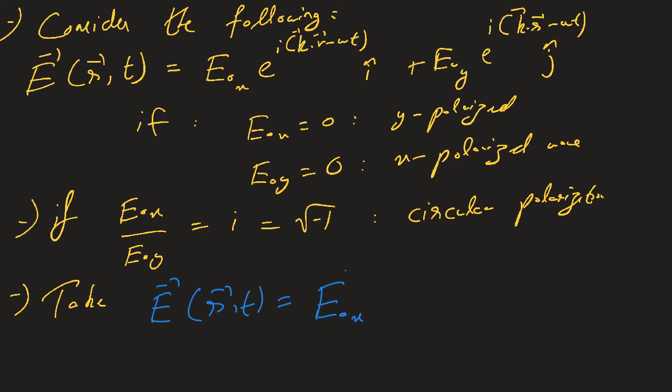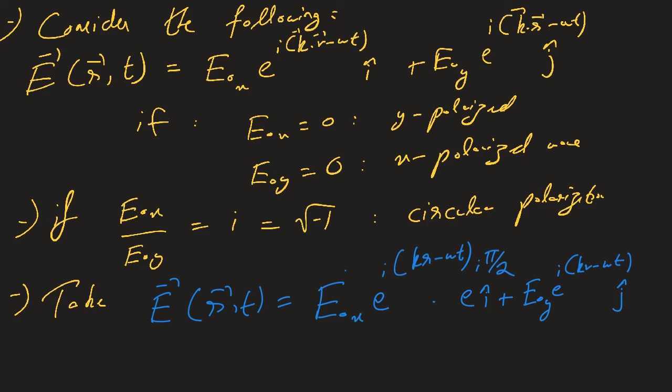So this is some new plane wave, which has E of r,t equal to E naught sub x e to the i of kr minus omega t times e to the i pi by 2, plus E naught sub y e to the i of kr minus omega t j hat. So what are we basically saying?